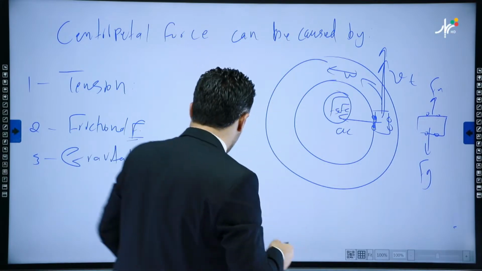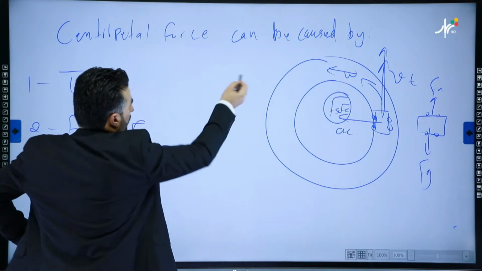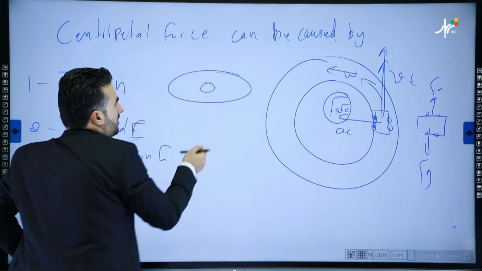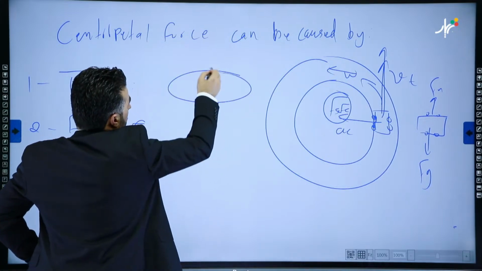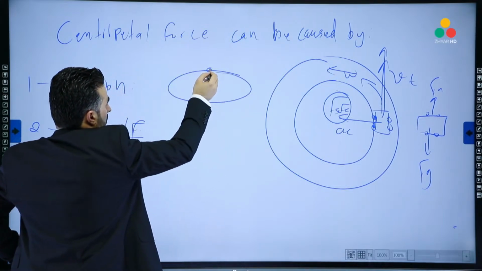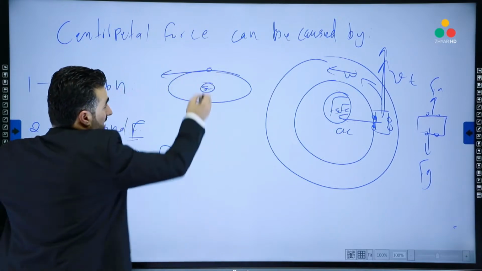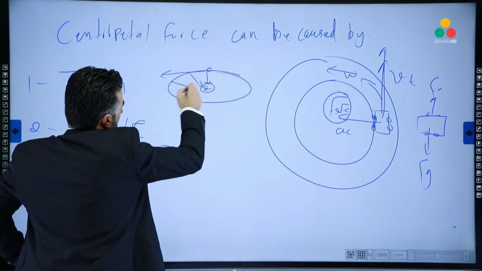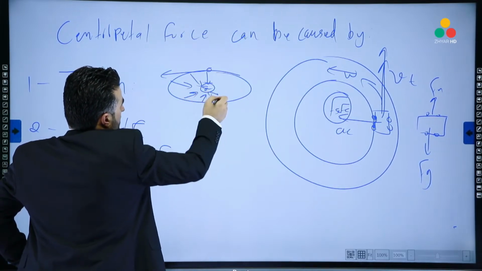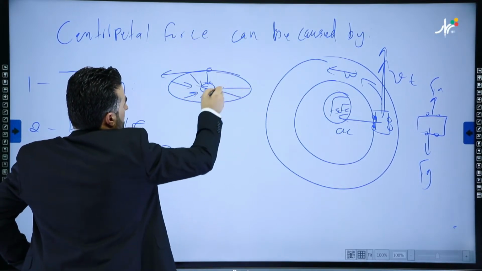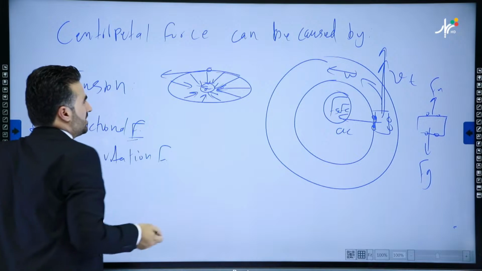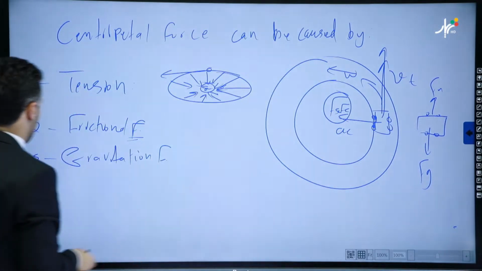But what keeps the earth revolving, orbiting around the sun? Let's say this is the sun and here's the earth. The earth wants to go like this, and at a point there it might want to go in a straight line, but gravity keeps pulling the object towards the center. So the force that is providing centripetal force here is basically the gravitational force.